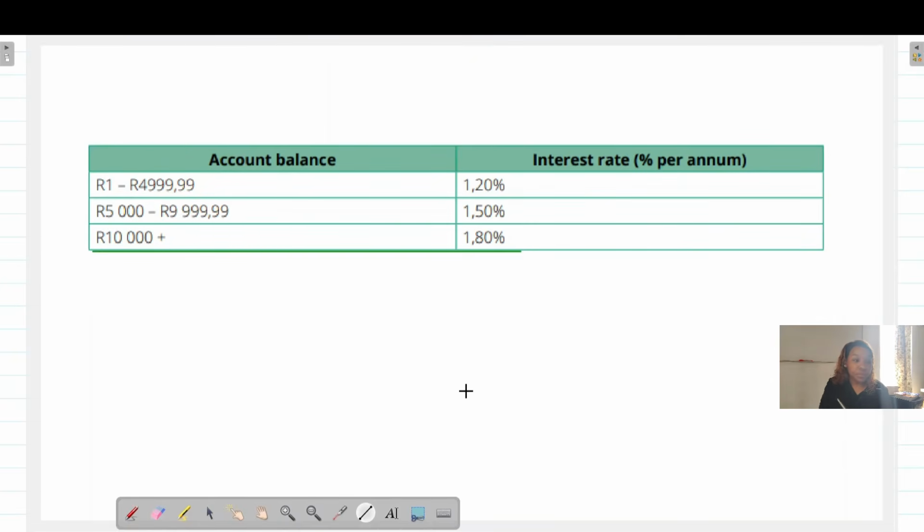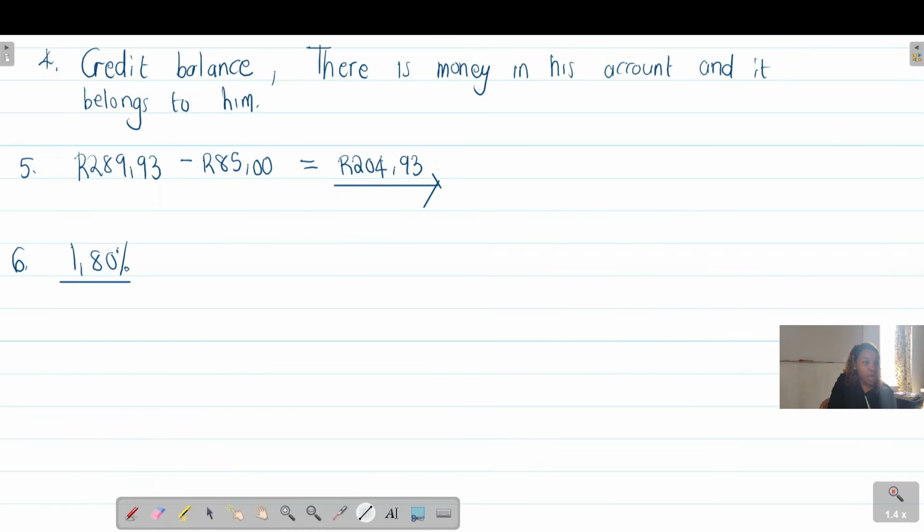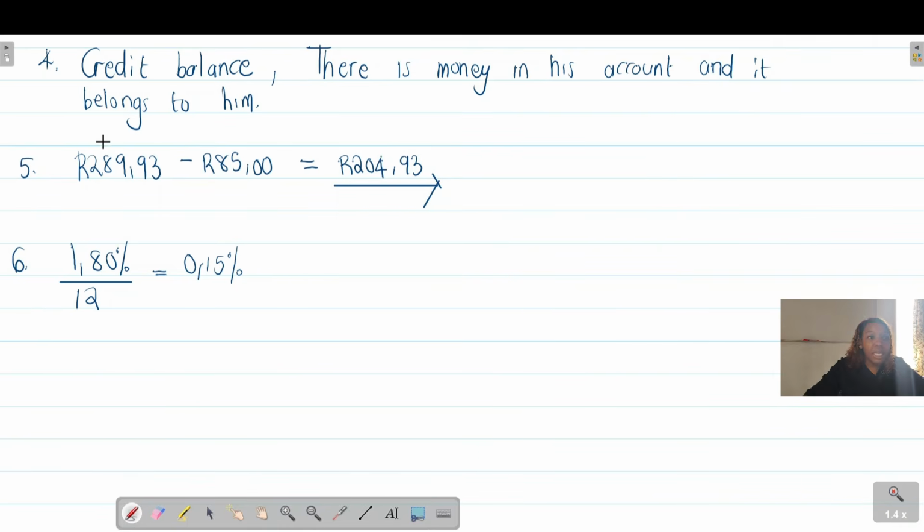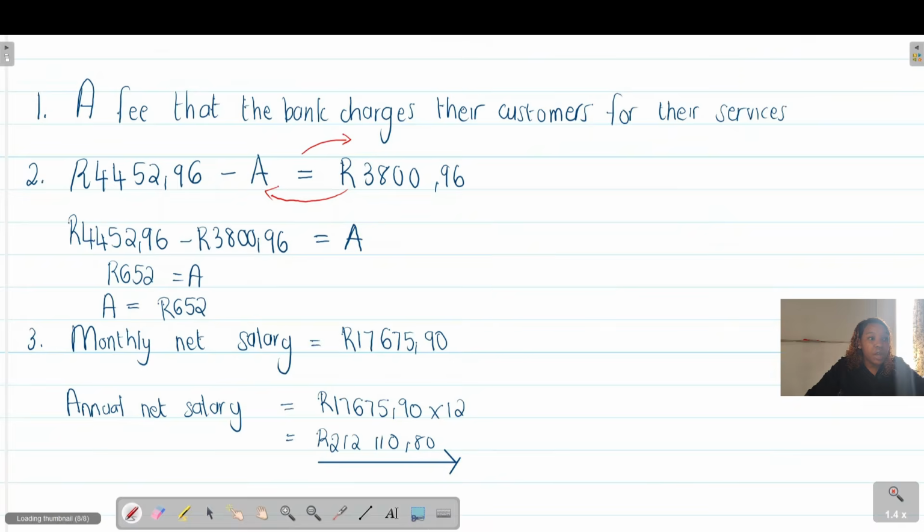We're going to take the 1.80% and divide it by 12 to get the interest rate for the month of June. If you divide by 12, you'll find that his interest rate for June is basically going to be 0.15%, right?